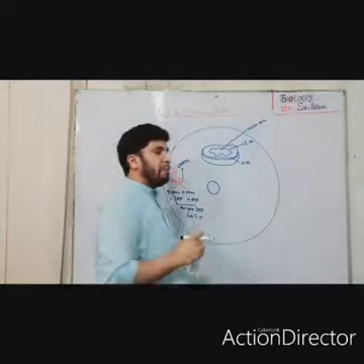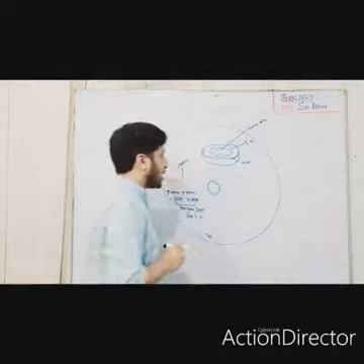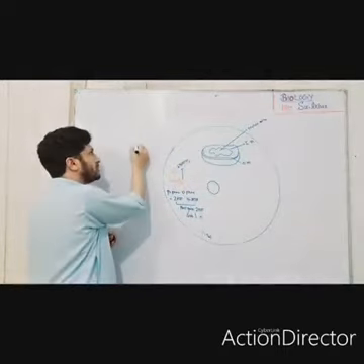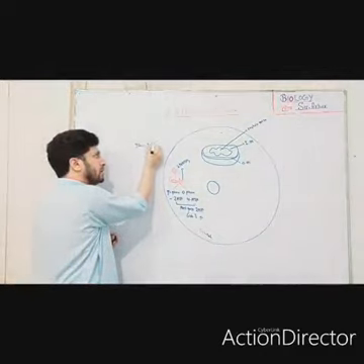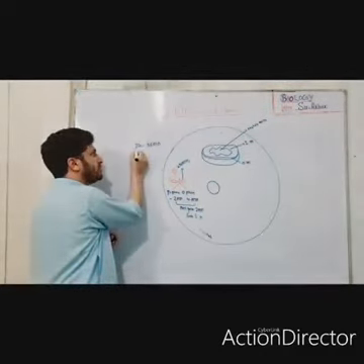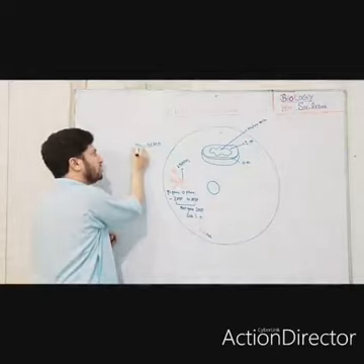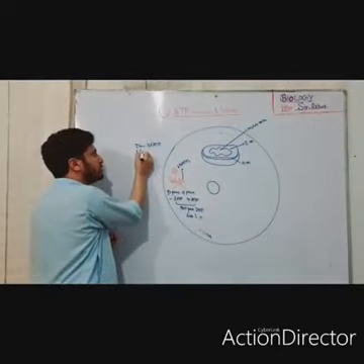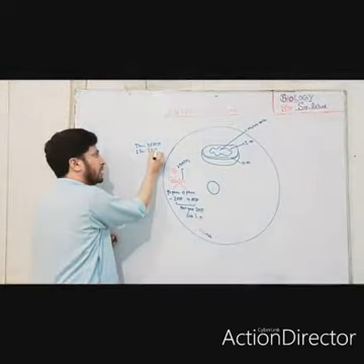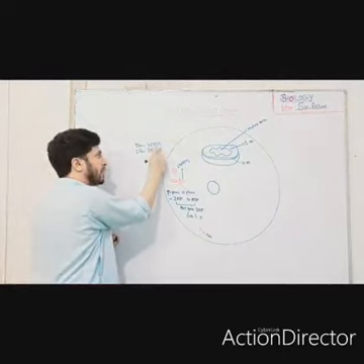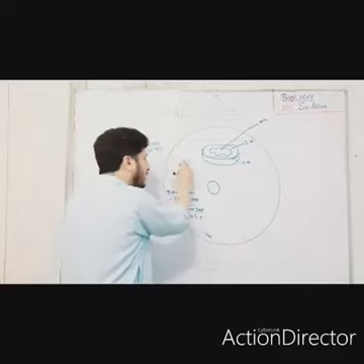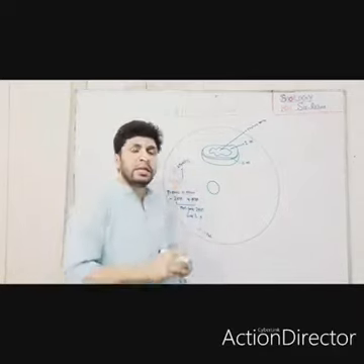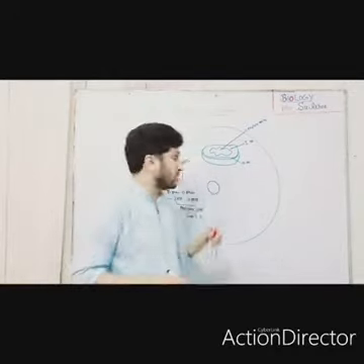Now, remember our very basic question: sometimes we say that one glucose molecule produces 36 ATP, and sometimes we say that one glucose molecule produces 38 ATP. It will depend on the NADH2 which is produced in the oxidative phase.